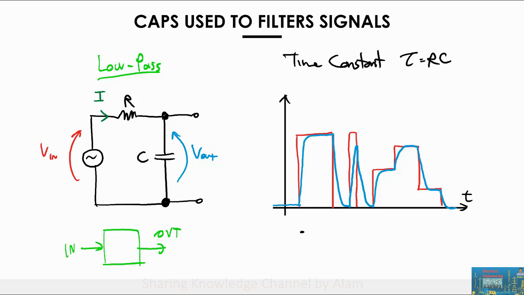So you can tell that this is sort of a filtered version of the input, but all the hard edges have been removed. And that is why this filter is called low pass filter, because it only allows the low frequency components, the components that move very slowly, to pass through, whereas the fast components are attenuated.